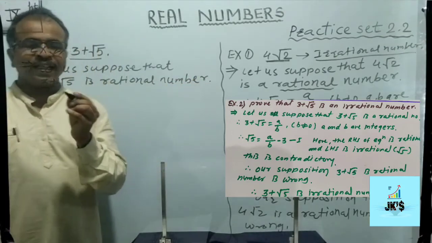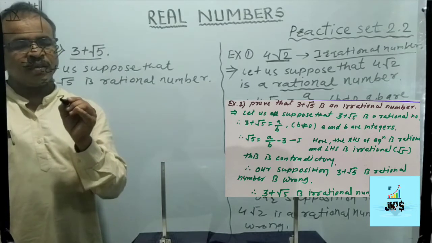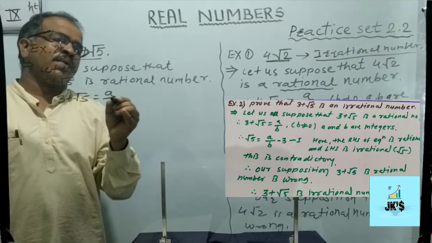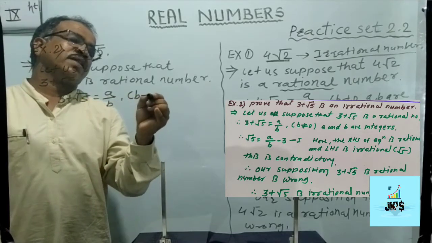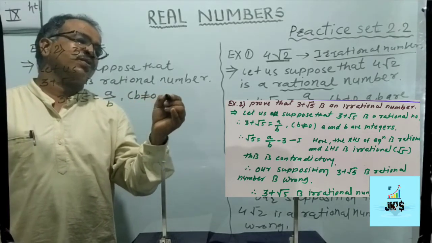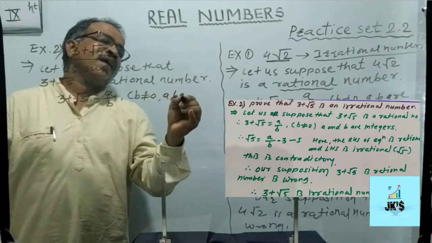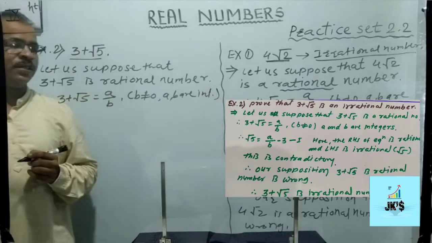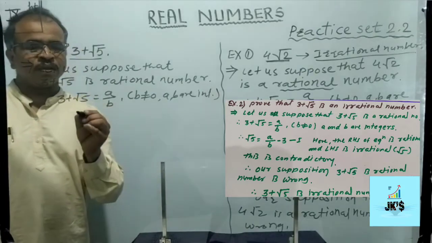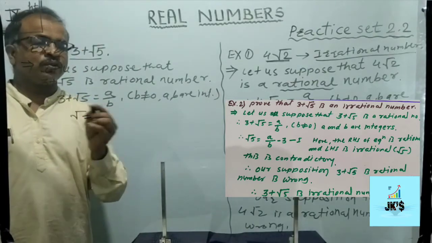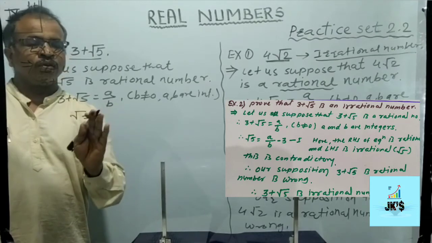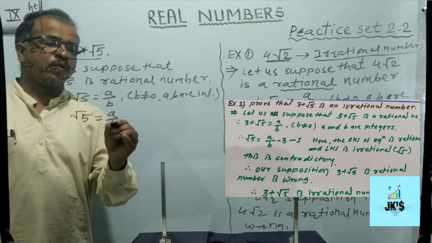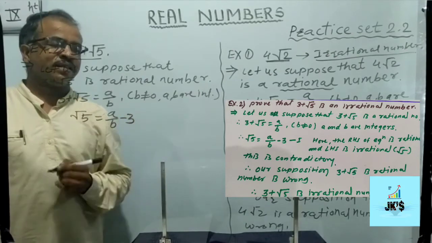If it is rational, then what happens? 3 plus root 5 equals a by b, where b is not equal to 0 and a, b are integers. So what happens? Root 5 equals a upon b minus 3.